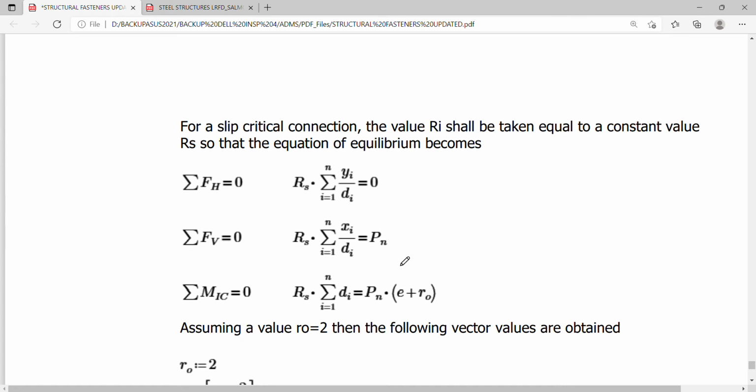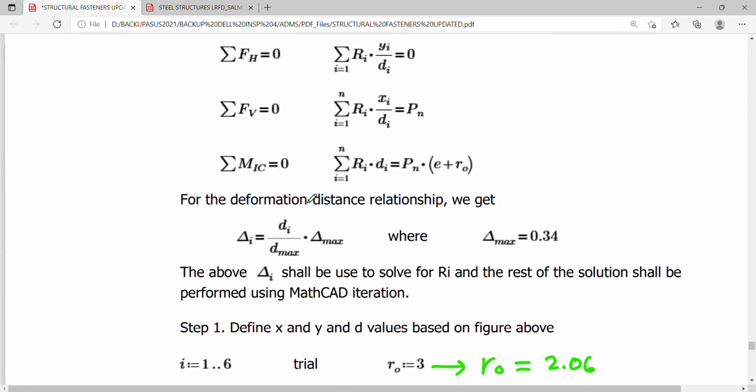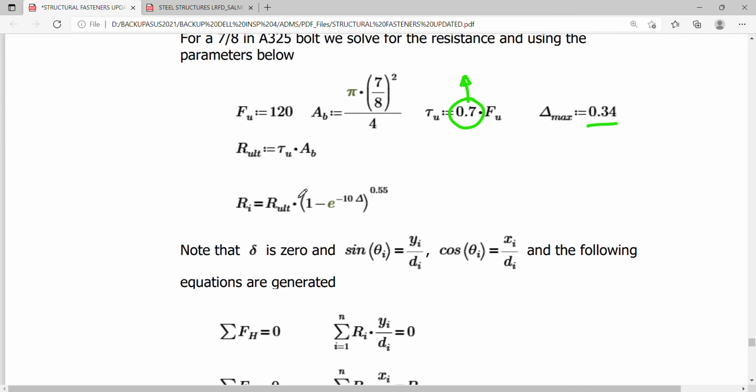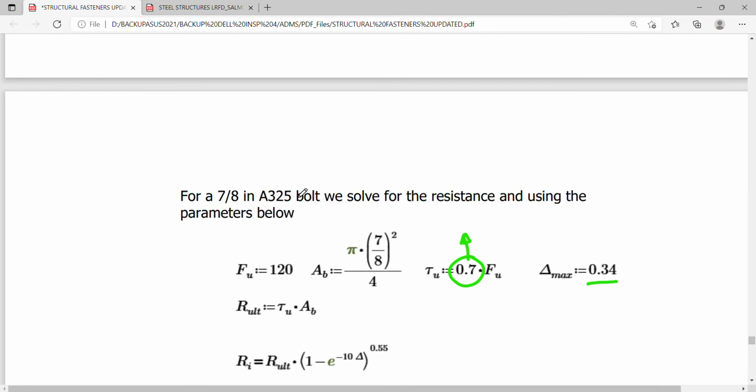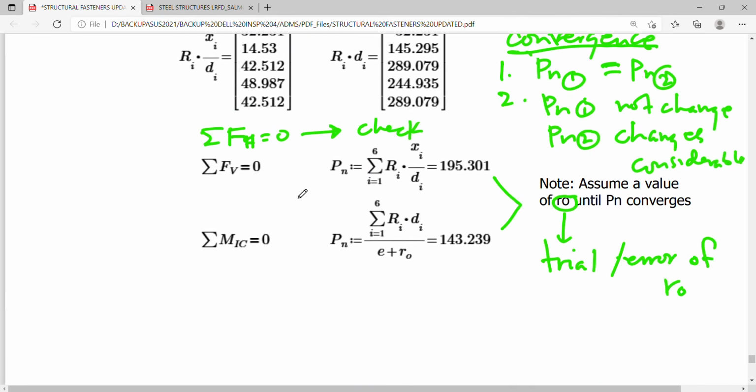They are just the same, but of course the only difference is that Ri is no longer a value coming from the elastic definition or derivation, while Rs is coming from the inelastic value as defined a while ago in our equation for Rs.